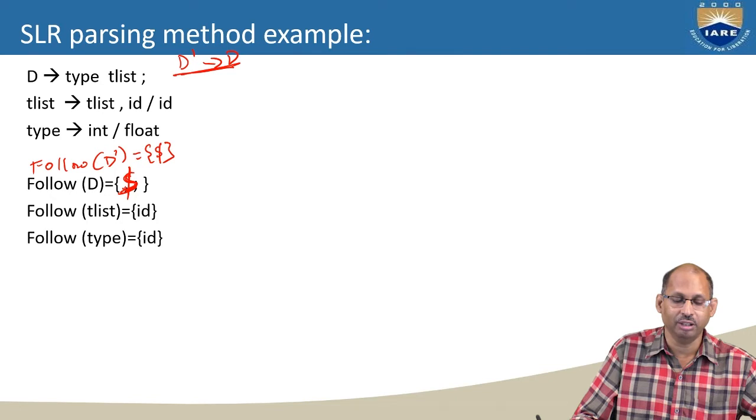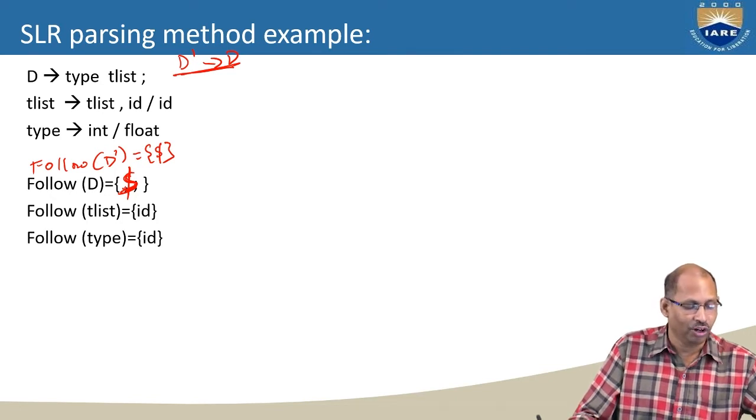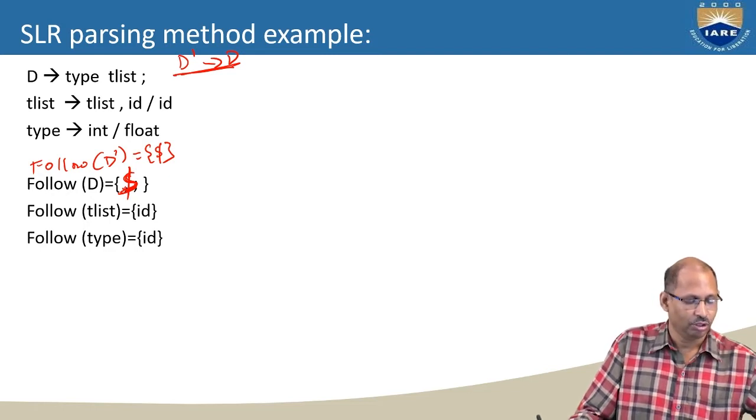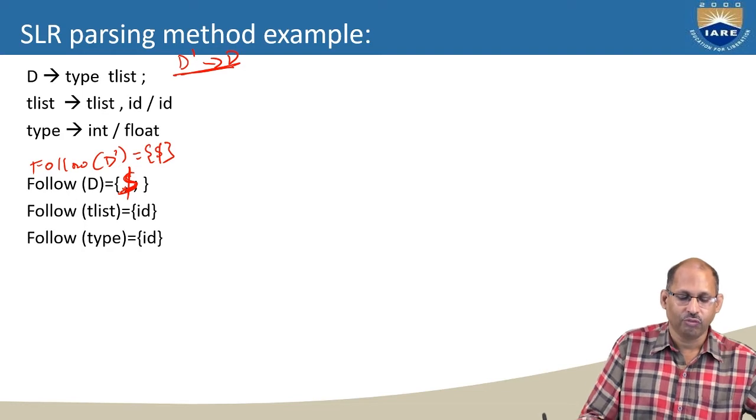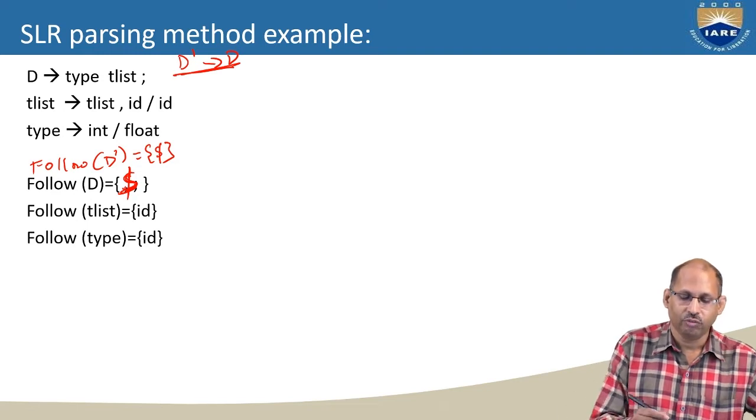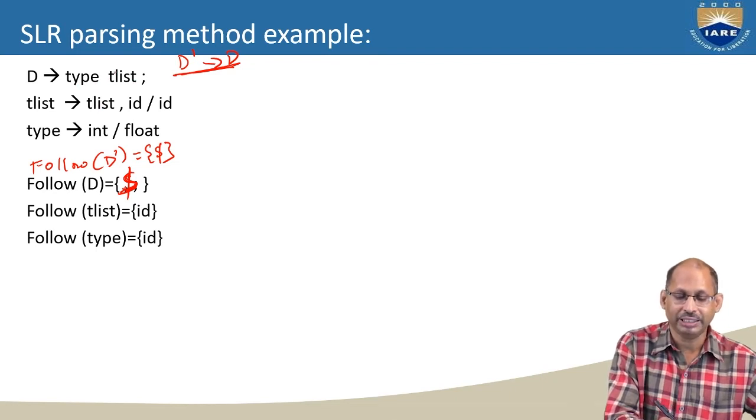Okay, is it clear? Then follow of type. Follow of type is first of T list. What is the first of T list?